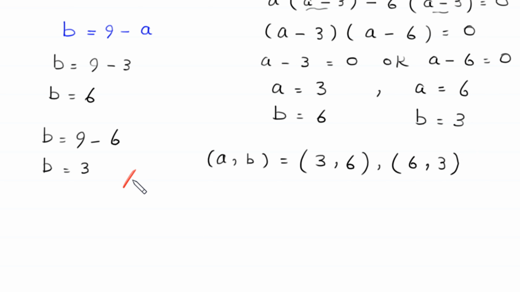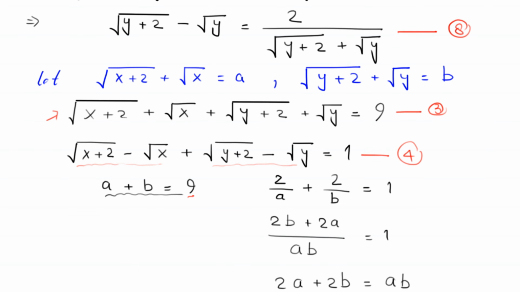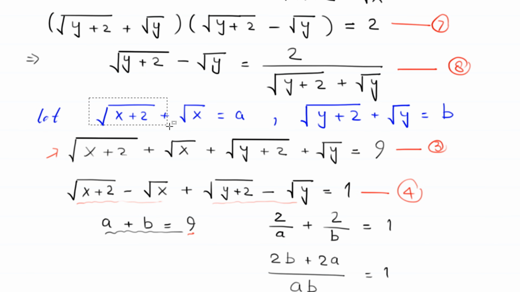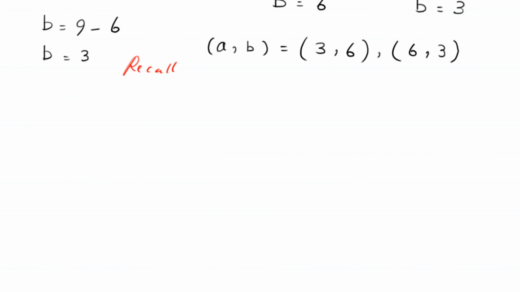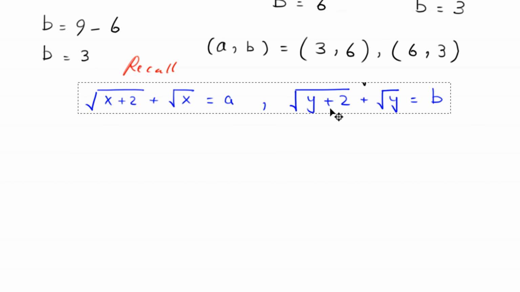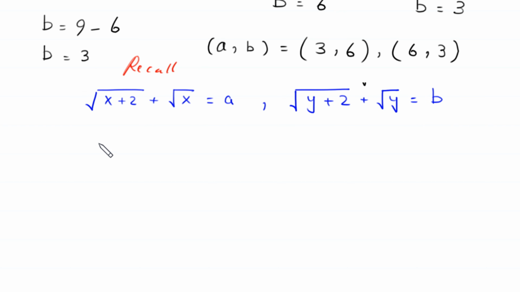Now recall that we have supposed that root x plus 2 plus root x is equal to a, and root y plus 2 plus root y is equal to b.